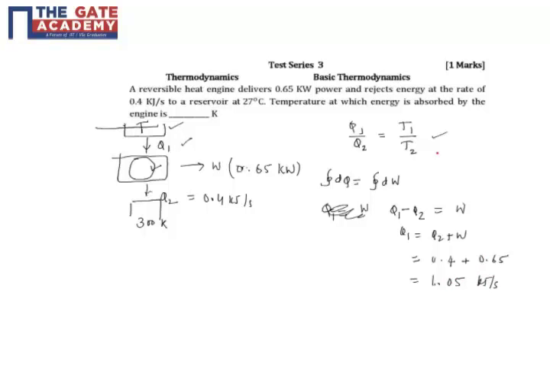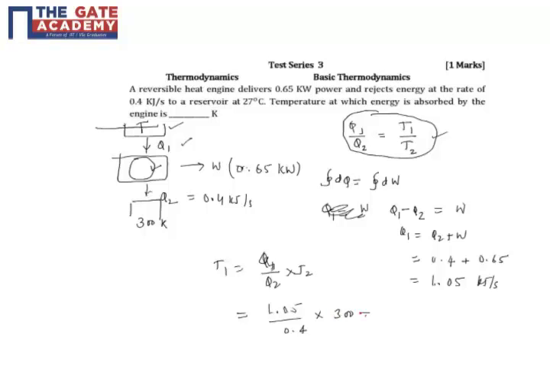Now we come back to our original equation for reversible engines. We need to find T1, the temperature of the source. That is nothing but Q1 by Q2 into T2. Q1 is 1.05 and Q2 is 0.4, into T2, which is given as 300.